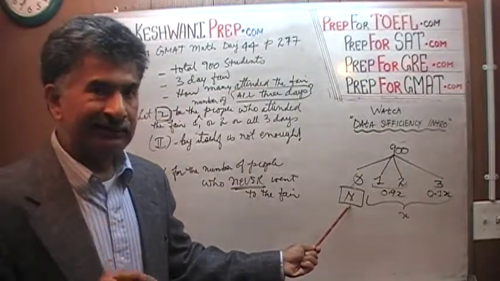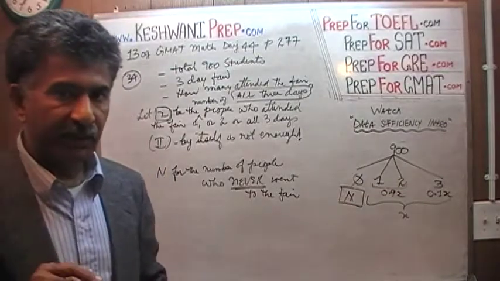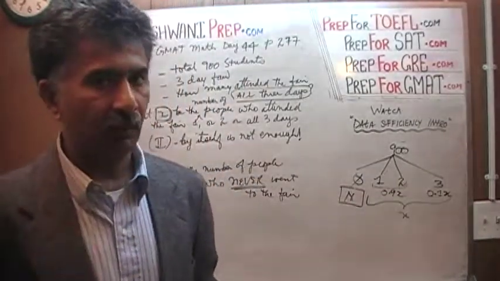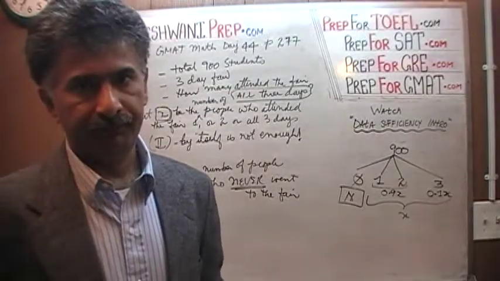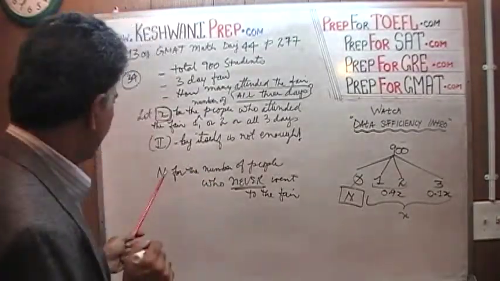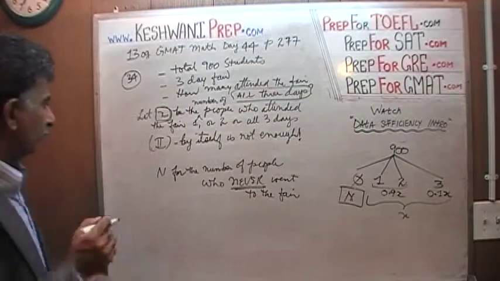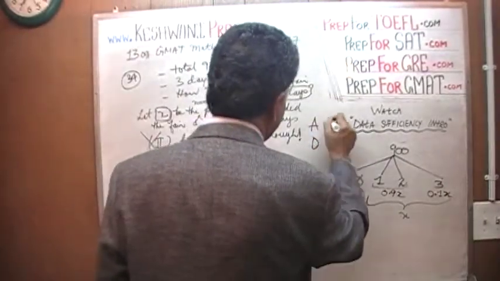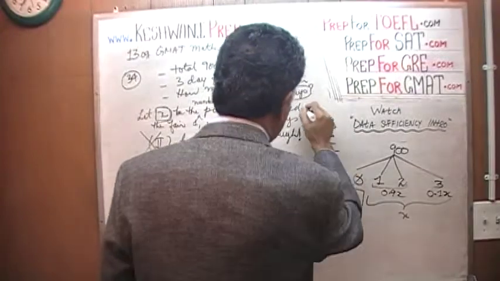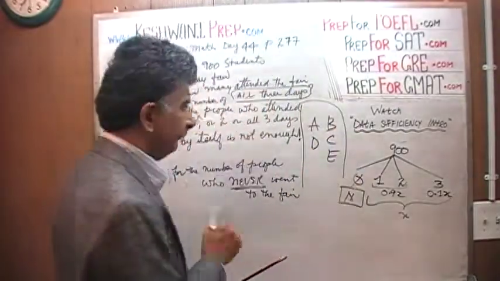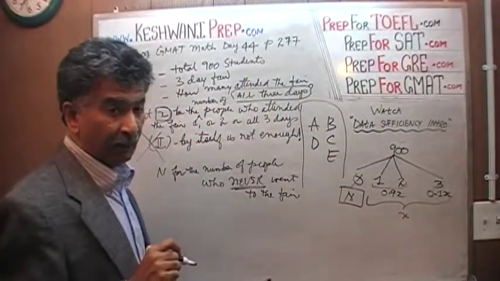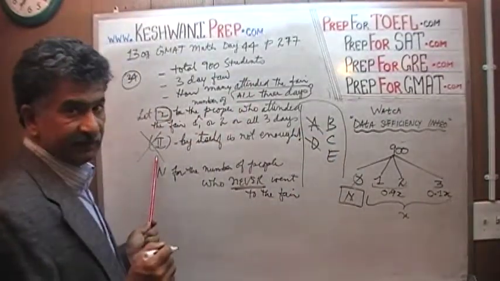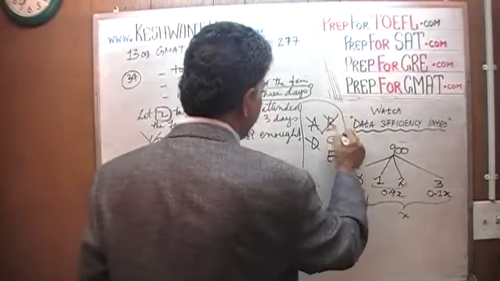Since nowhere in the second statement do they make any mention of how many people did not go to the fair at all, that is your missing part, which is why the second statement by itself is of no good. We were at AAD, BCE, and the first statement we found out was no good, which is why we have crossed out A and D. Now we find out the second statement is no good, which means the answer cannot be B either.